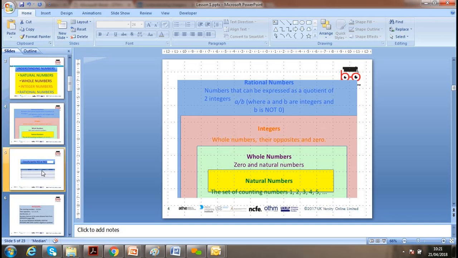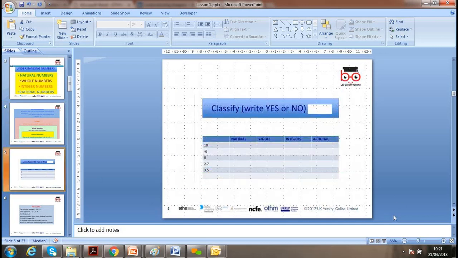So next, we'll go through this. Which number is which? 10 is a natural number, whole number, and also an integer, because it can be divided by 5, 2 times.